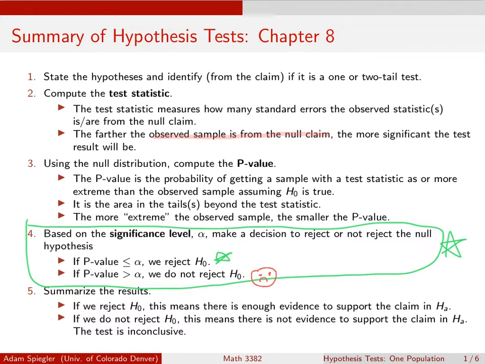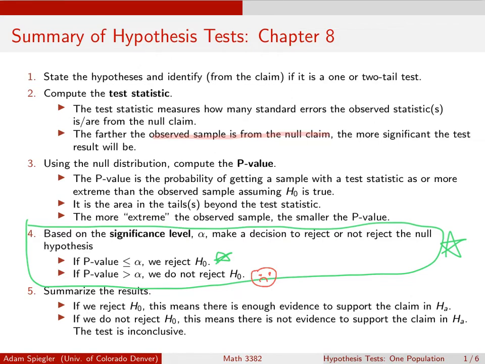And then we want to be able to summarize these results to maybe a more general audience. So you wouldn't want to just say the p-value is this and therefore we rejected the null hypothesis, but you would want to be able to take your conclusion and explain it in practical terms to, say, a non-statistician. So one way that you can summarize the results is in the case when you reject the null hypothesis, then this in fact does give us evidence to claim that the alternative hypothesis is likely true.